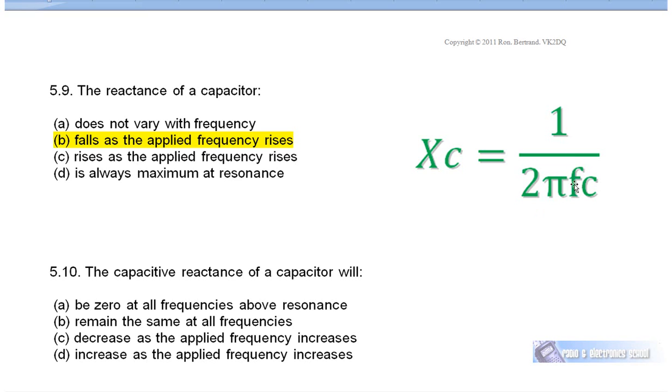As F goes up, XC will come down. If either F or C go up, XC comes down, and vice versa. Tricky the way they've worded those questions, but I hope you can see the correct answer from using the equation.